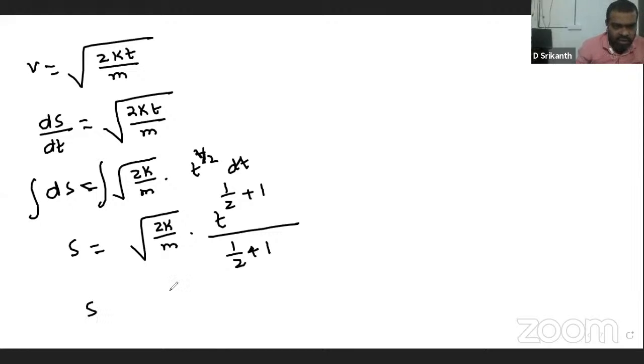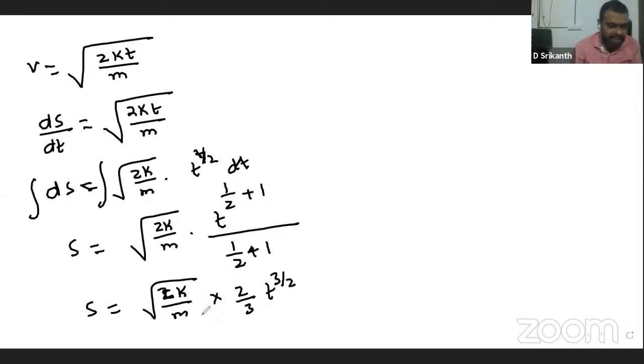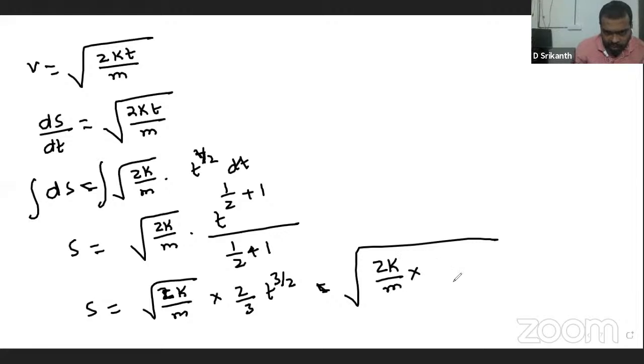So S is equal to under root 2k by m into 2 by 3 times t power 3 by 2. Take this 2 by 3 inside, we get 2k by m into 4 by 9 whole into t power 3 by 2, that is 8k by 9m.